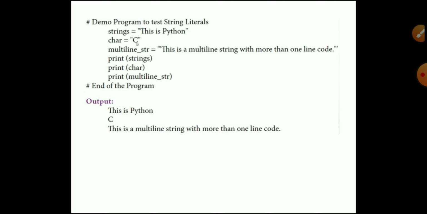Single quotes you know, double quotes you understand, and triple quotes are used for a multi-line string with more than one line, which we add inside triple quotes. This is the example for string literals.